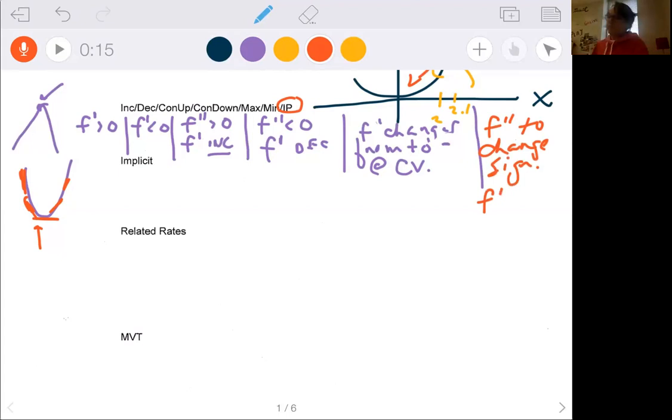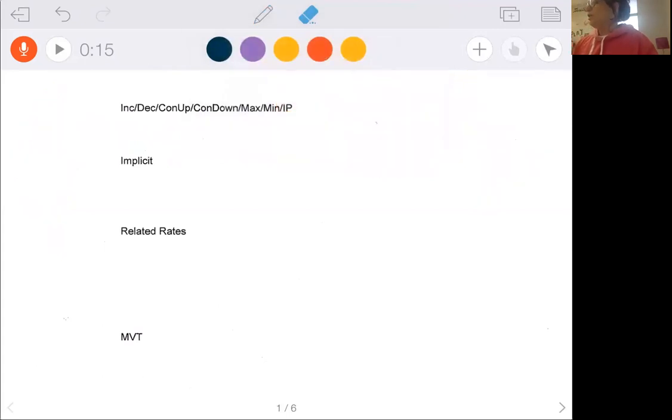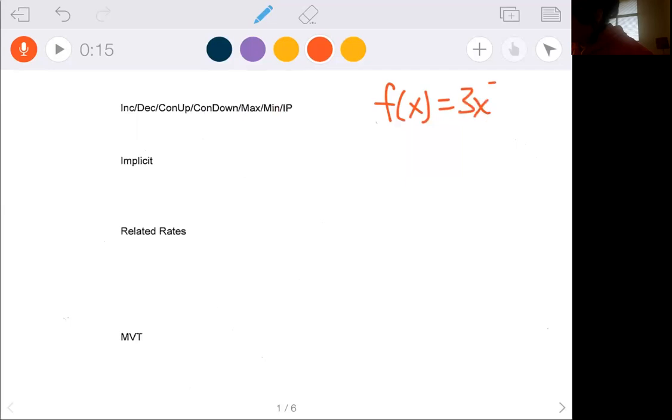So after that, we did a little implicit differentiation. Remember, explicit is something where f of x is defined explicitly as a function of x, like 3x squared minus 2x plus 1. And its derivative would be 6x minus 2, or its derivative with respect to x is f prime is 6x minus 2.